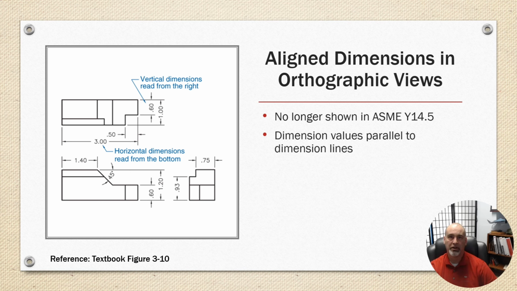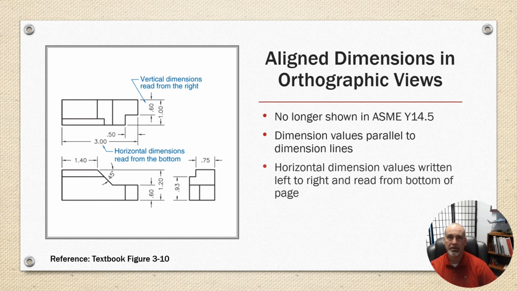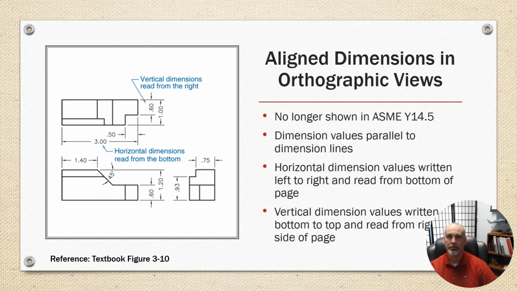The dimension values in that style are parallel to the dimension lines. Horizontal values written left to right are read from the bottom of the page, and vertical dimensions are written from the bottom to the top and read from the right side of the page. So this is a practice that was used in the past that is no longer part of the standard.